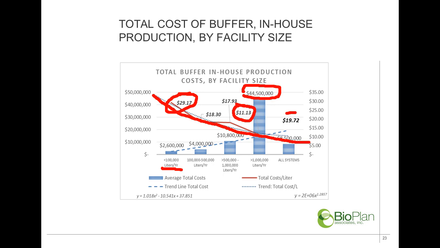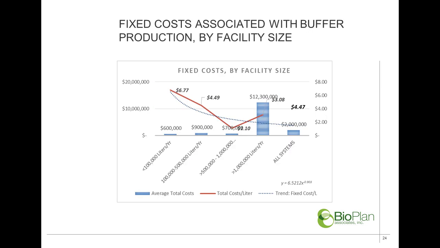When we look at things like just the fixed costs, we see obviously a similar kind of curve, where the fixed cost at the 100,000 liter scale is in the $6-7 per liter range, and that decreases down to $1. This was a potential anomaly from the data, but somewhere between $2 and $3 per liter based on facility size.